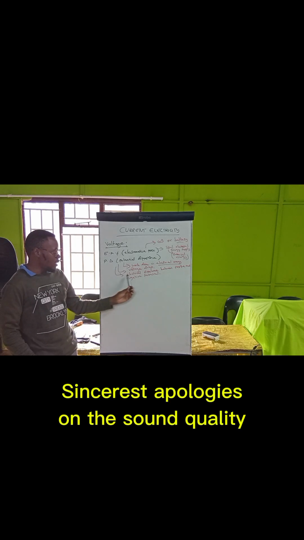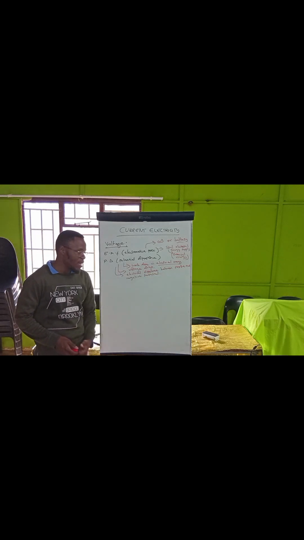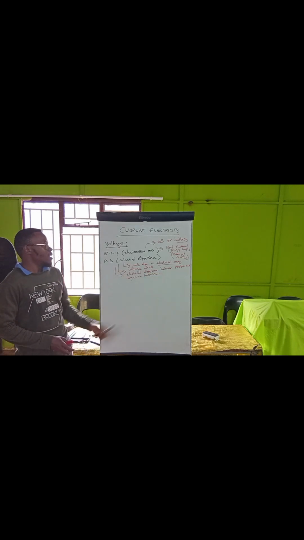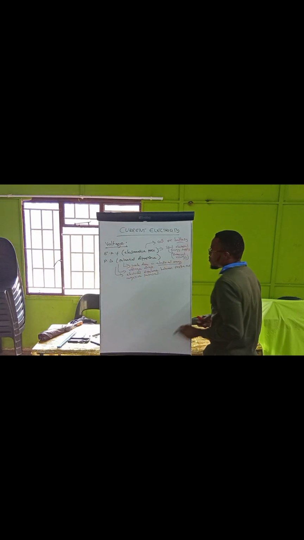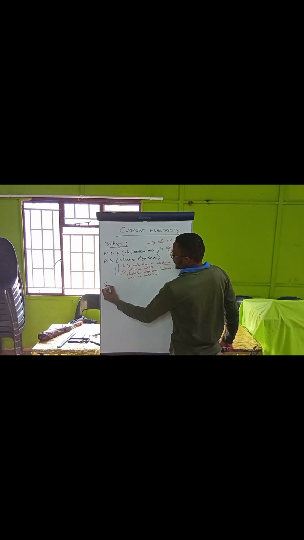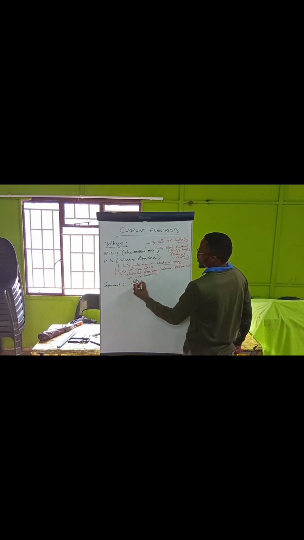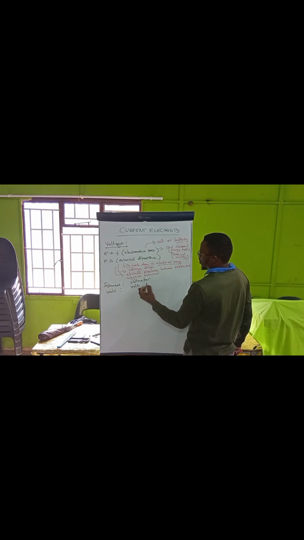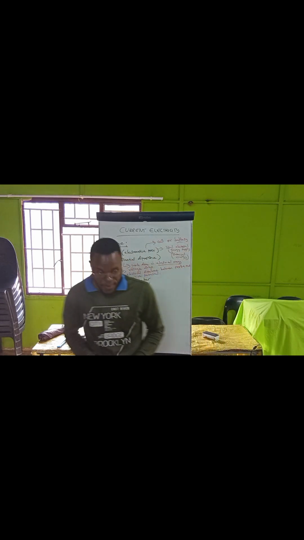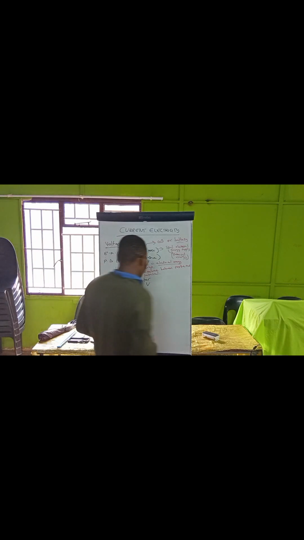You can also say it is the electrical difference between the two terminals, the positive and negative terminal. The similarity is that both are measured using a voltmeter, and the units are volts, which is normally V. So this is voltage.